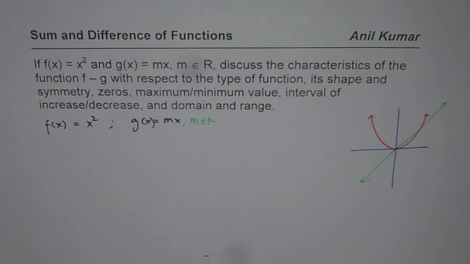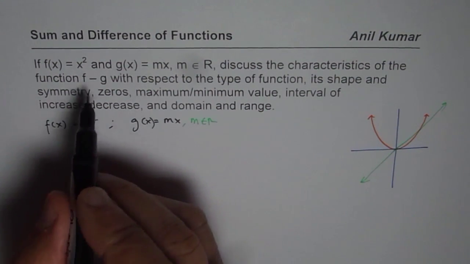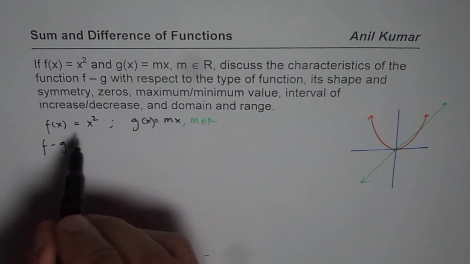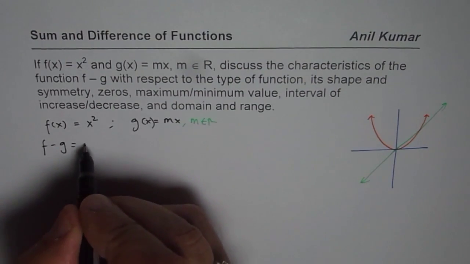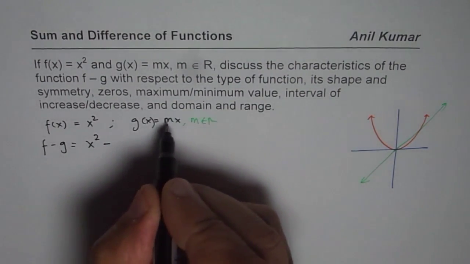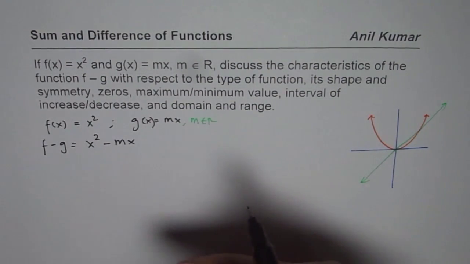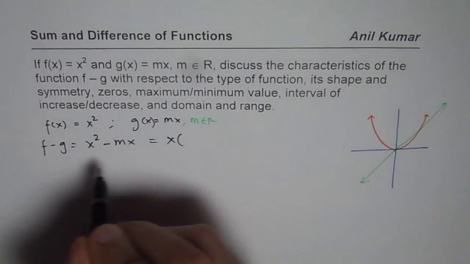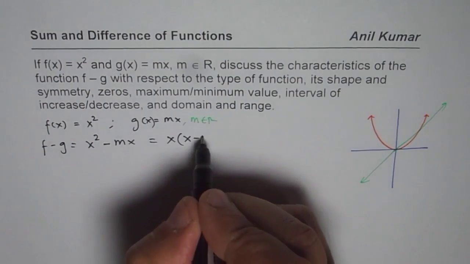So now we are looking into the combination of these functions. That is, we are saying what f minus g equals. So let me solve what f minus g is. It should be x squared minus mx, right? That is what it is. And we could actually factor it as x times x minus m.